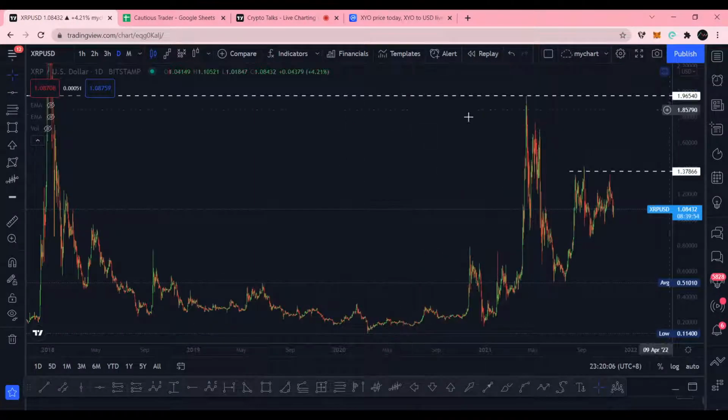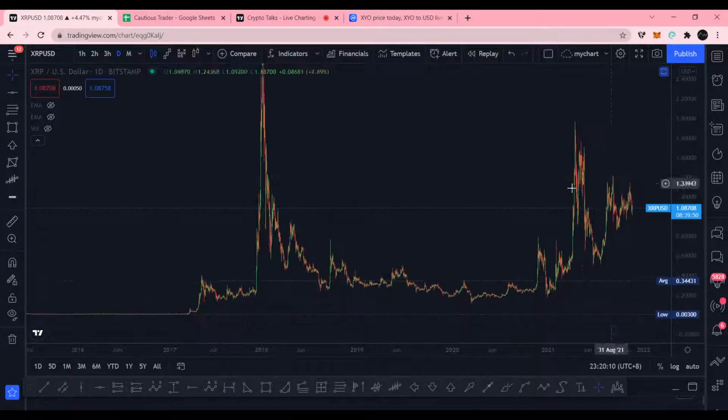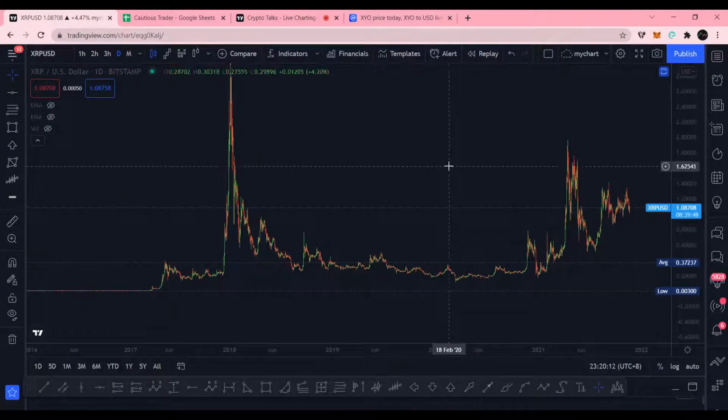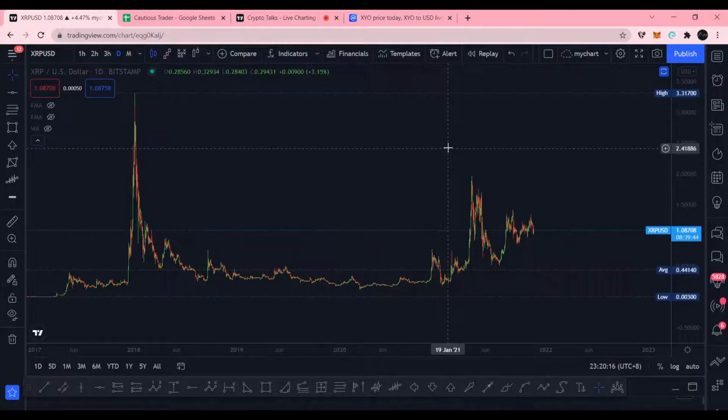For XRP, I've actually accumulated some. I'm one of the XRP holders since last year, since the issue with the SEC started. So it's been quite a long time already.